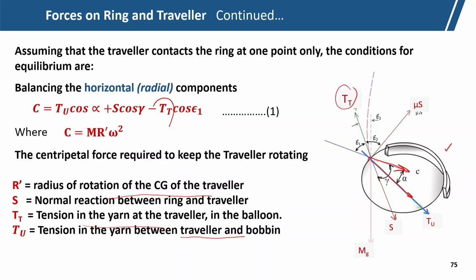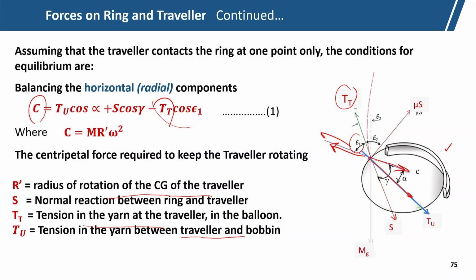Both these components, and Tt, this is in the other direction, minus Tt cos epsilon 1, on the outer side. C is the centripetal force, that means this C is moving outside.